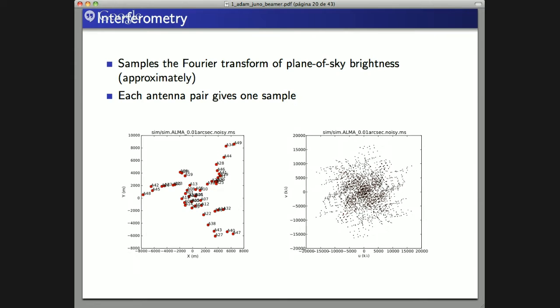So here we have antenna positions on Earth, and then each antenna pair or baseline gives one sample on the Fourier plane. So we have a sparsely sampled Fourier plane.